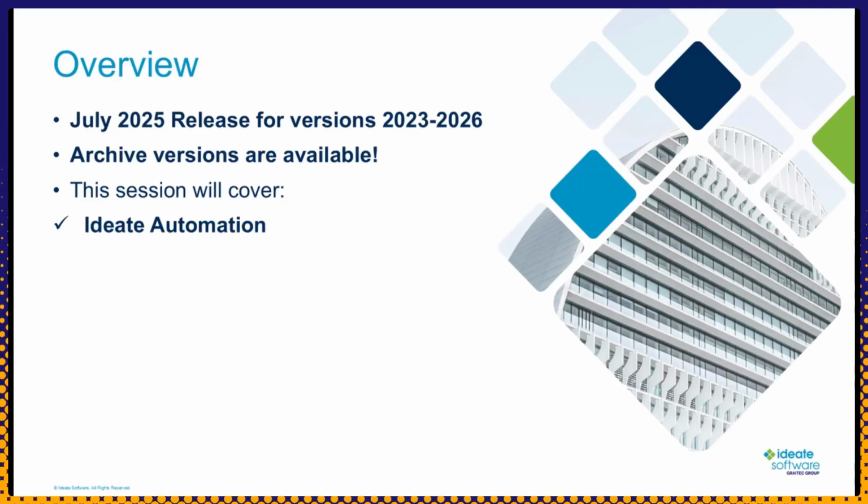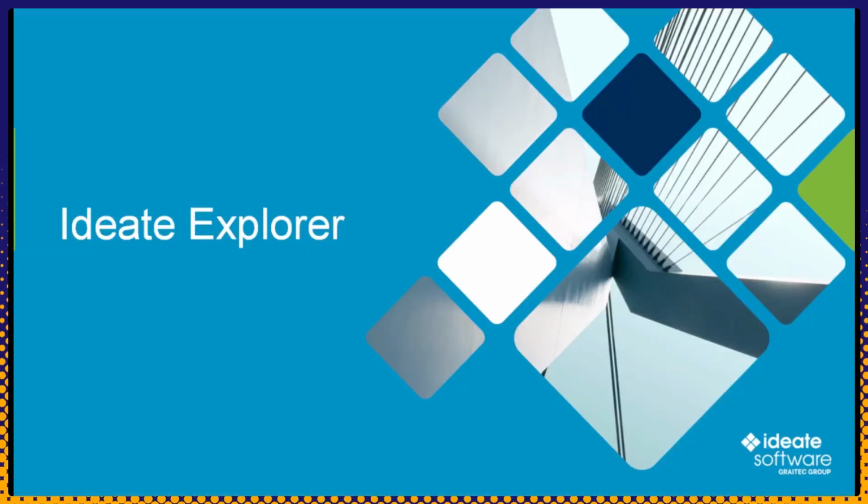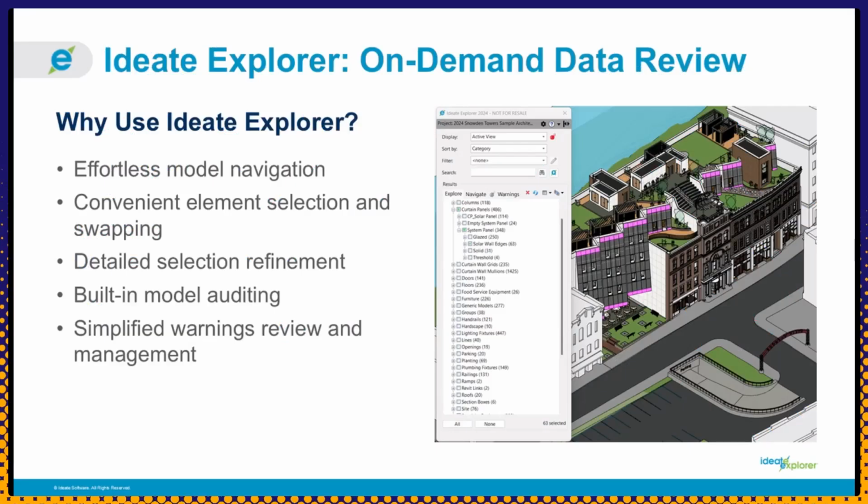Before we dive into Ideate Automation, I'd like to take a moment to introduce the full suite of Ideate tools, since Ideate Automation works hand in hand with these tools to streamline your workflow. First up, we have Ideate Explorer. Ideate Explorer is a true model project browser. It shows you every instance of the Revit building element.